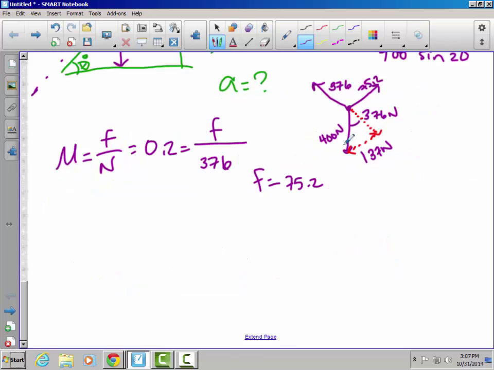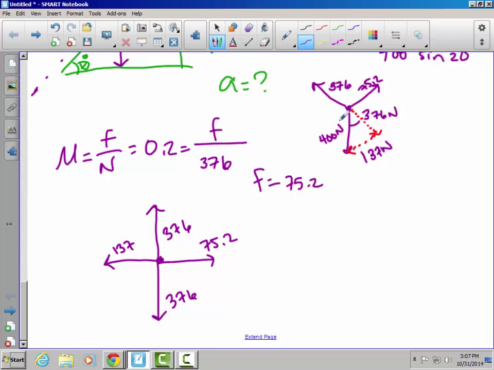Okay, so now this is my picture, right? I can redraw it if I want to, a little bit flatter and a little bit easier to read. I have 376 up, I have 137 down the ramp, I have 75.2 newtons of friction, and then I have 376 down here.